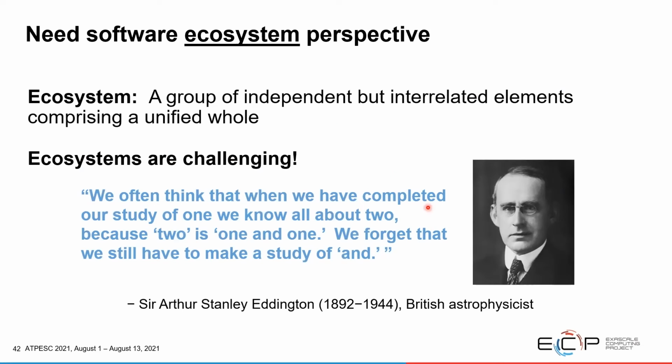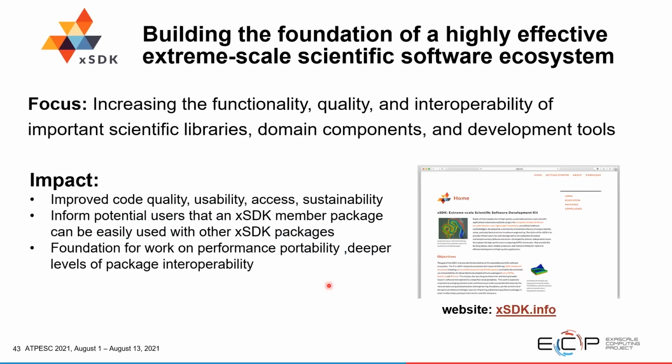What's really important is to look at it in terms of an ecosystem, which is a group of independent but interrelated elements. Just remember that you need to know how they all work together. So we really tried to build such an extreme scale scientific software ecosystem, which is the xSDK, where the focus was to make sure it functions well together, that the quality is there, and that there's interoperability between the individual libraries.